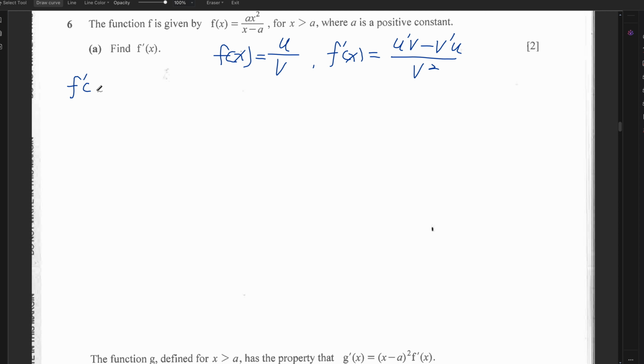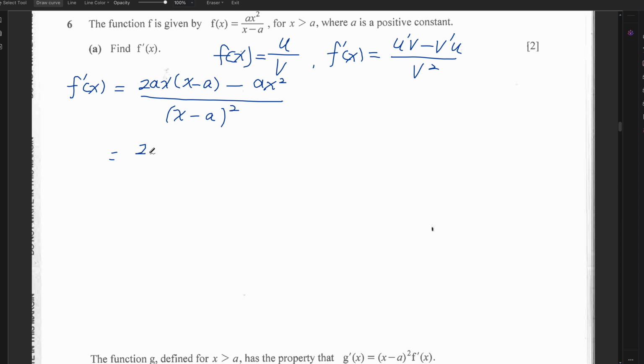f prime x equals, differentiate u, you have 2ax, keep v, minus differentiate v, you have 1, keep ax squared, divided by (x minus a) squared.